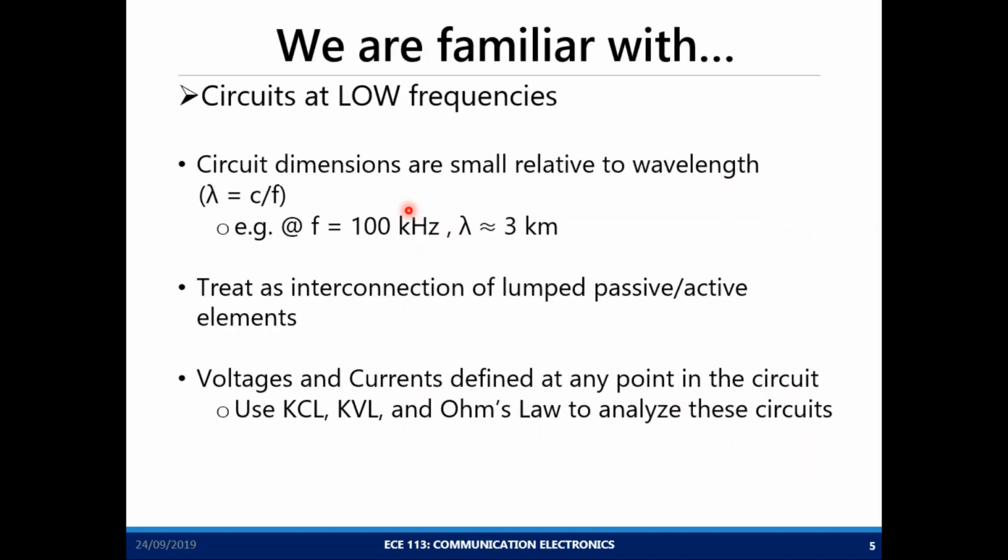Okay, so you're familiar at circuits with low frequencies. Let's say you have a circuit operating at 100 kilohertz. So at 100 kilohertz, let's say you have an RC circuit right here.